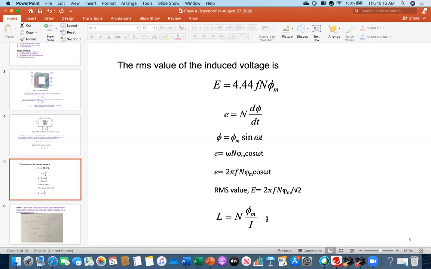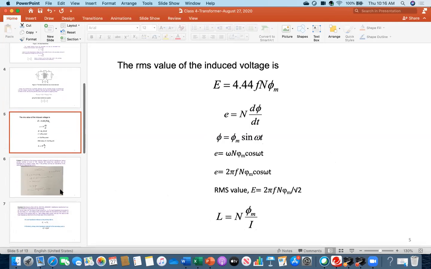So everybody will keep this in mind: L equal to N phi over I. So excuse me, does anybody want to say anything? Okay, then moving forward. Everybody please note down the first equation and the last equation in your notes. That will help you solve the numerical problem.